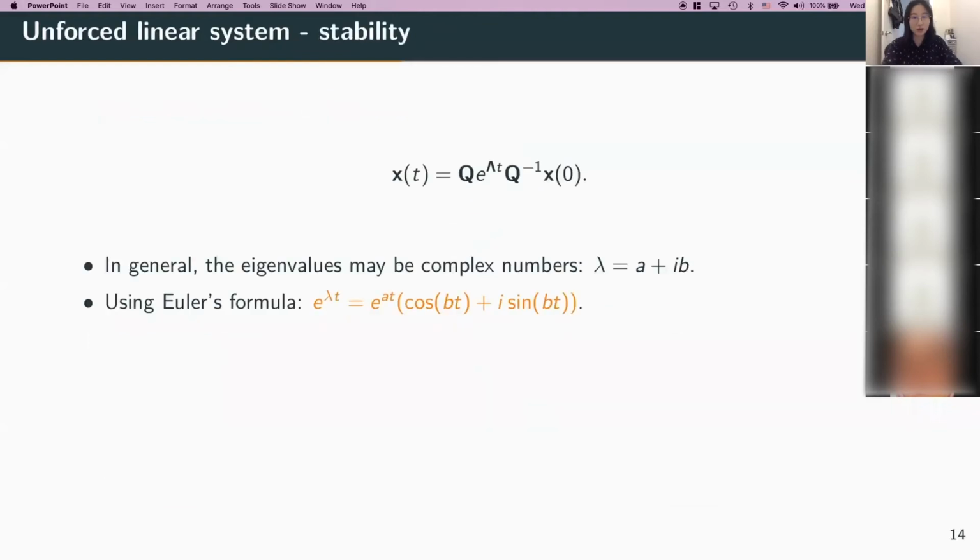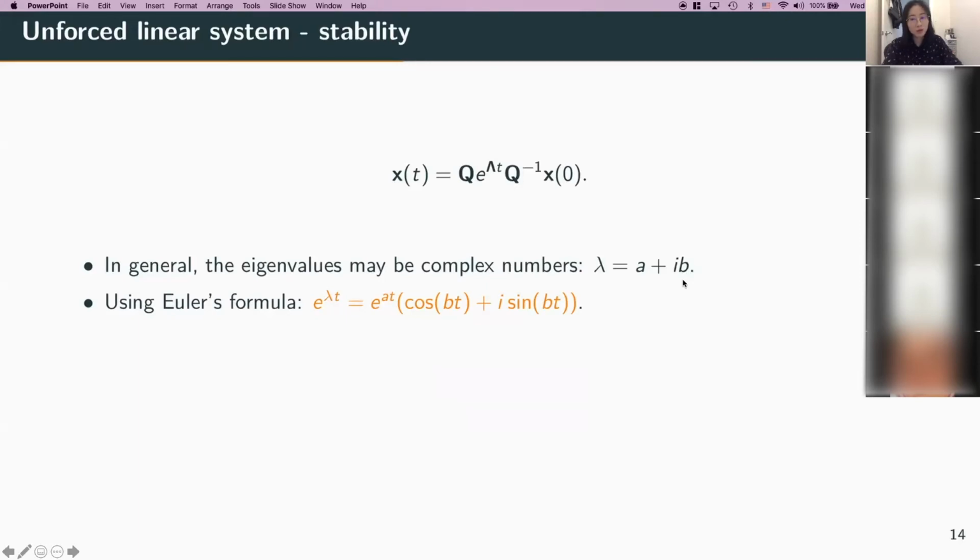Right. Okay. So we've written our solution x(t) in terms of the eigen decomposition of A. But in general, the matrix A, which we obtain this eigendecomposition from, can just be anything. So the eigenvalues in this lambda matrix may be complex numbers, which means that for every eigenvalue, we can write it in terms of some real number a plus i times b, where i is an imaginary number.